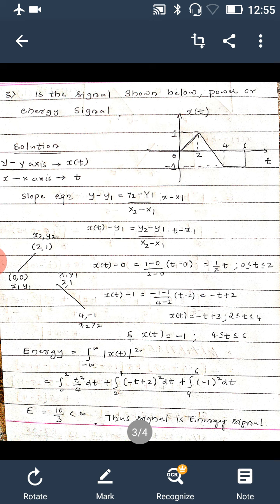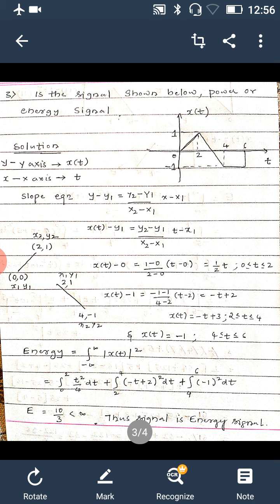Now let us take the signal x of t between 0 to 2. How does it look? It is a slope that originates from 0, and the other end of the slope is at 2, right? So what are the coordinates for the signal x of t at 0? Here the x coordinate is 0 and the y coordinate is also 0. So x1 comma y1 is equal to 0 comma 0, and at the other end of the slope the x2 value is 2 and the y2 value is 1.